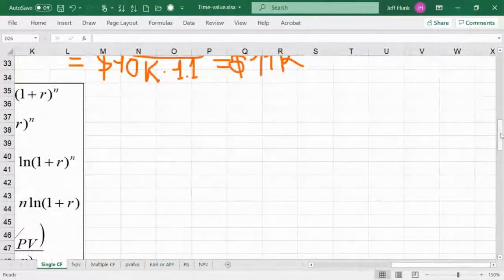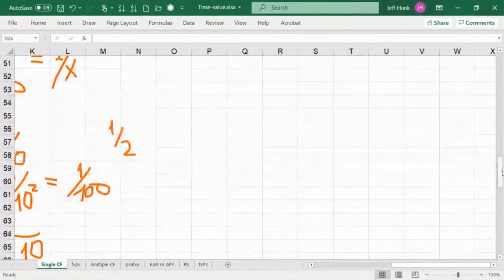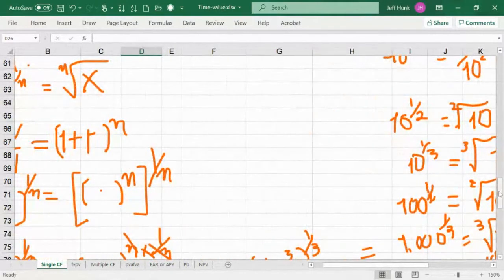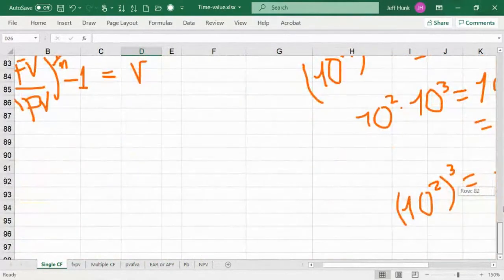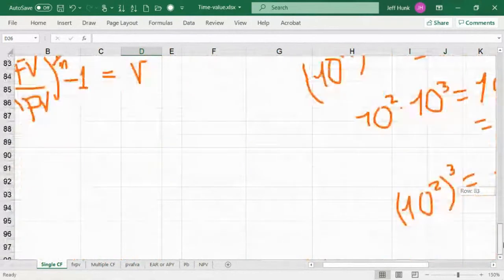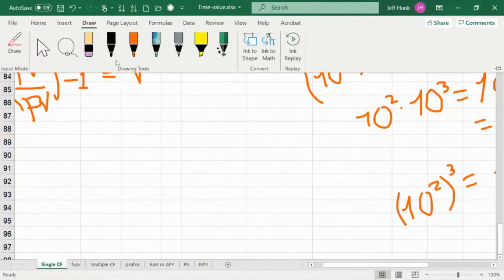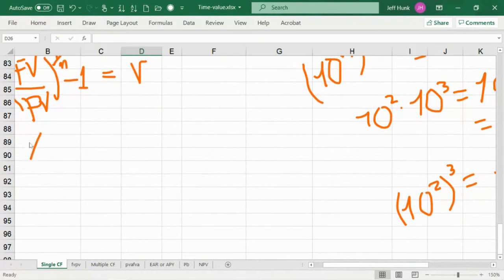We all know, at least you would know by now, x raised to 1 is just itself, x, right?